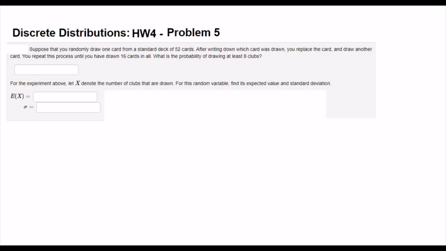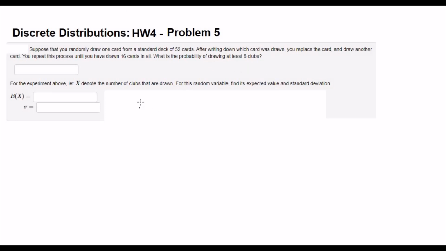Problem number 5. Suppose that you randomly draw one card from a standard deck of 52 cards. After writing down which card was drawn, you replace the card and draw another card. You repeat this process until you have drawn 16 cards in all. What is the probability of drawing at least 8 clubs?